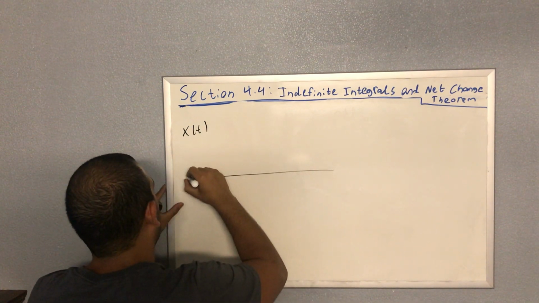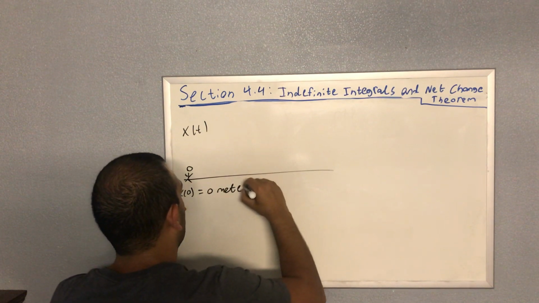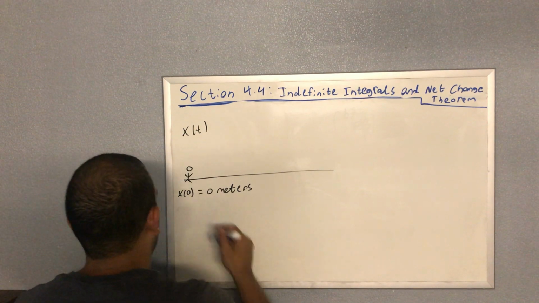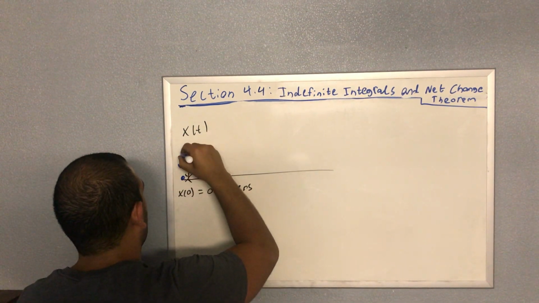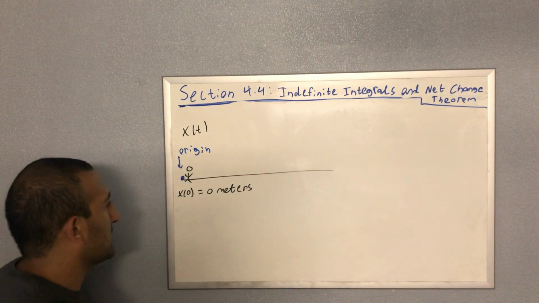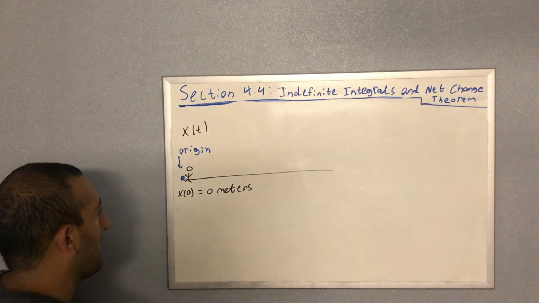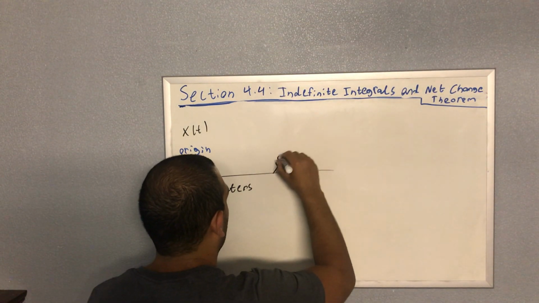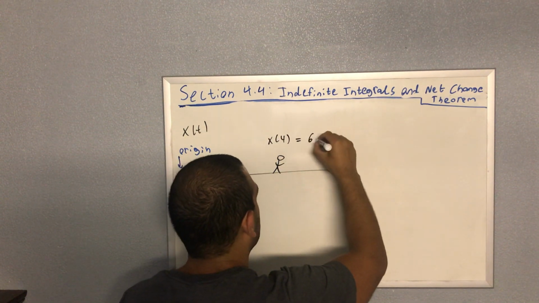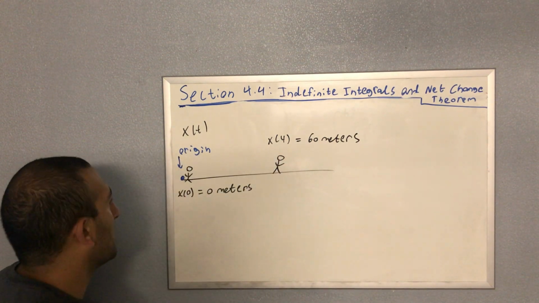At time 0, this was 0 meters, because from this origin, 0 seconds into the race, they had not run any, they were 0 meters away from the origin. But then later, x of 4, so 4 seconds later, maybe this was equal to 16 meters. So they had traveled 16 meters from the origin.